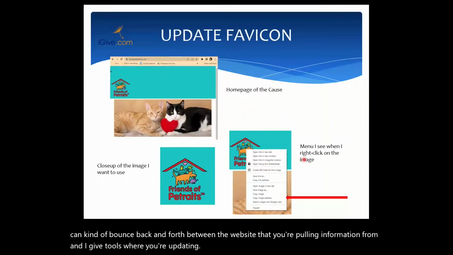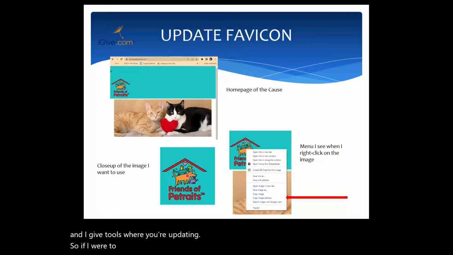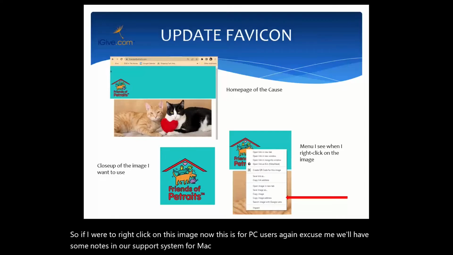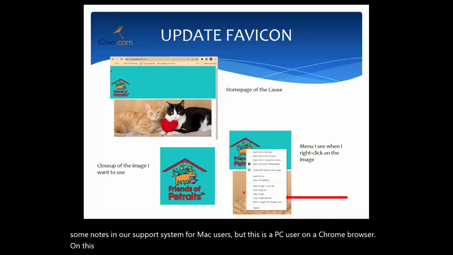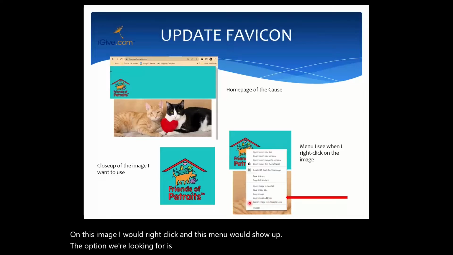So if I were to right click on this image, now this is for PC users, again, excuse me, we'll have some notes in our support system for Mac users, but this is a PC user on a Chrome browser. On this image, I would right click and this menu would show up. The option we're looking for is copy image address.